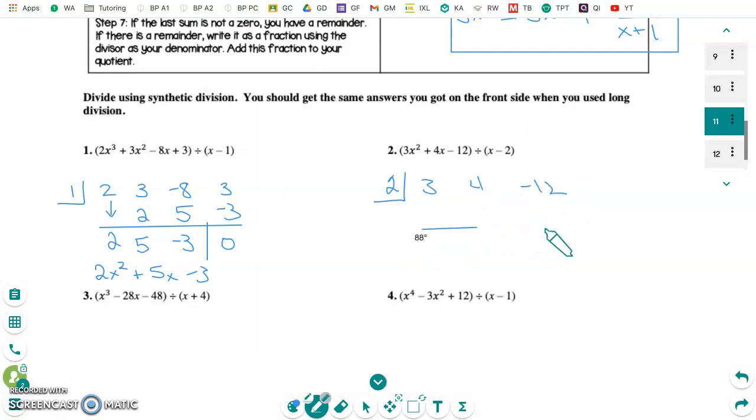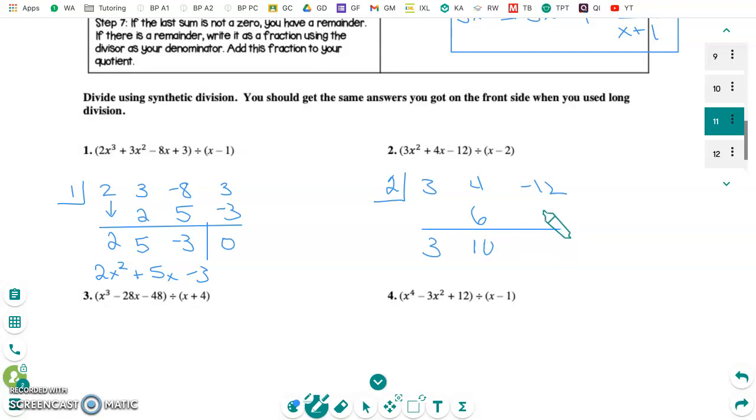Okay, so first step is to do what? Bring down, just say it out loud, everybody. Bring down what? The 3. What number goes here? Say it out loud, everyone. 6. What number goes here? Negative 10. Yeah, we're adding.